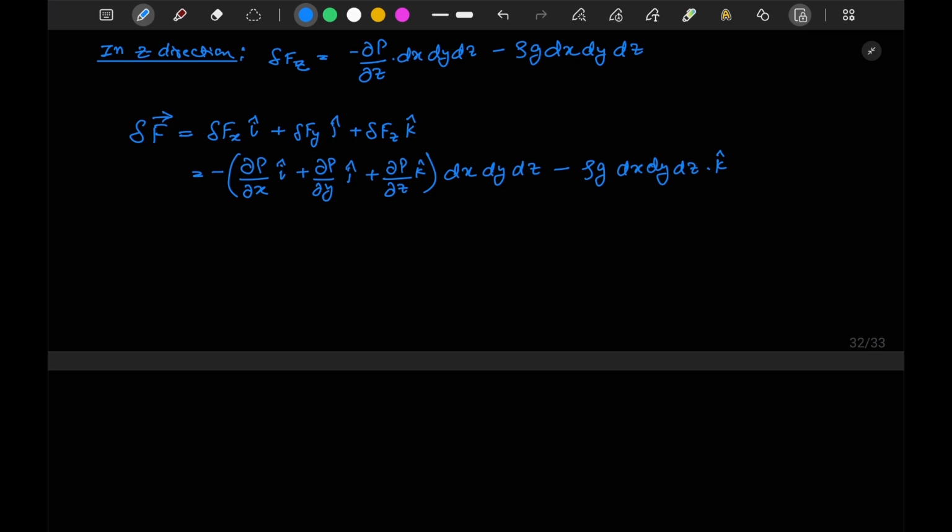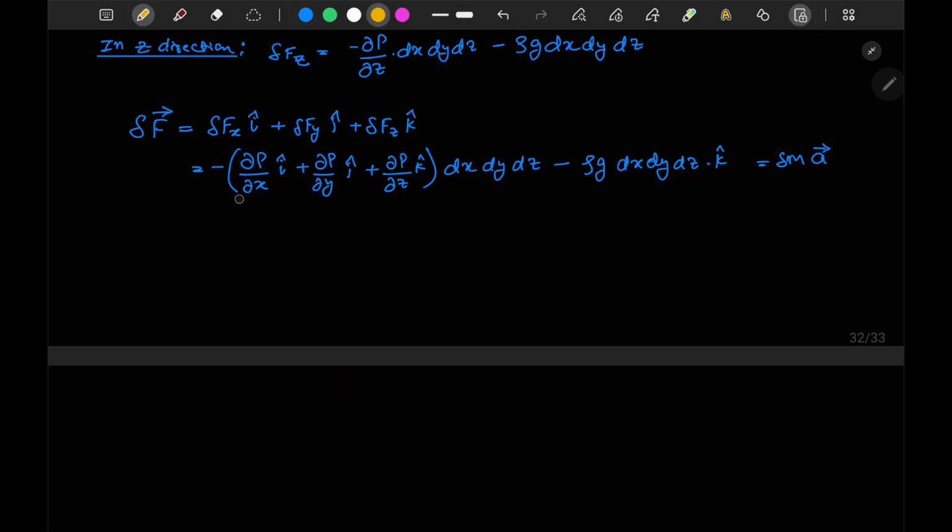Now if I equate this to delta m times the acceleration vector, and substitute the value of delta m, I can write this as minus gradient of pressure vector plus rho g k cap is equal to minus rho a vector.